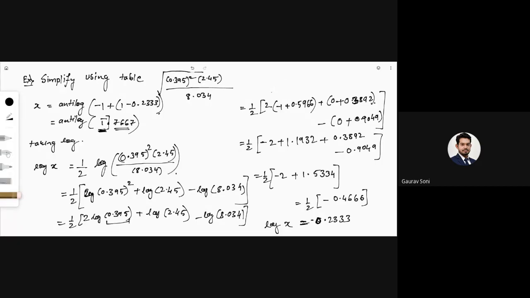Now I have to look at the characteristic. It is negative, and that is minus 1. What does the negative characteristic represent? The decimal point is placed in such a way that it has n minus 1 zeros. What's the value of n here? 1. 1 minus 1, 0. So no 0 before the decimal point. So the answer is 0.5823.